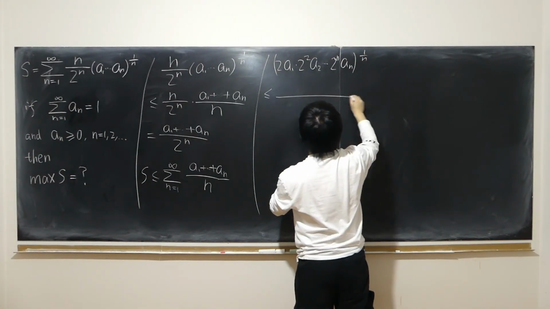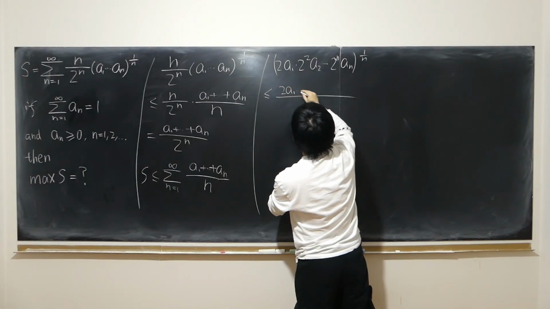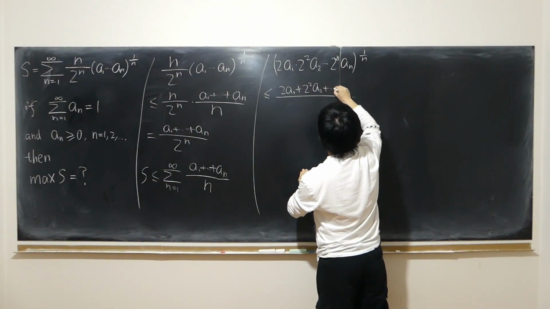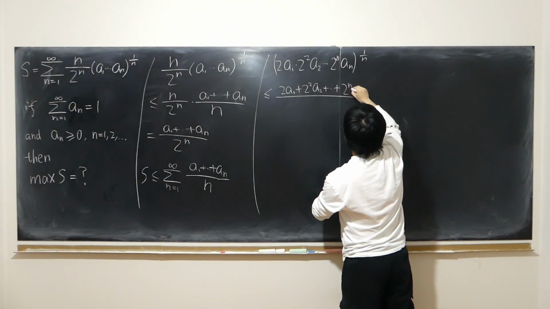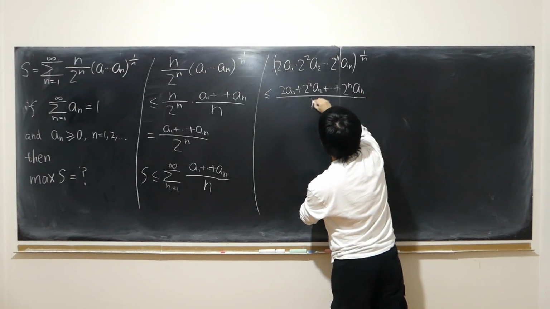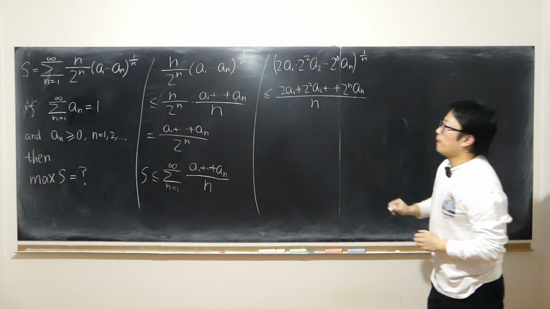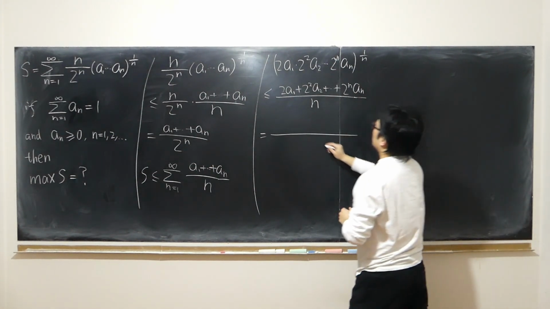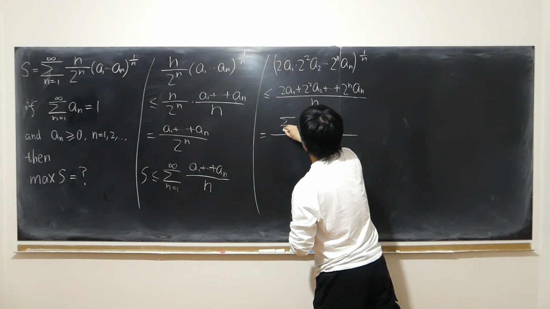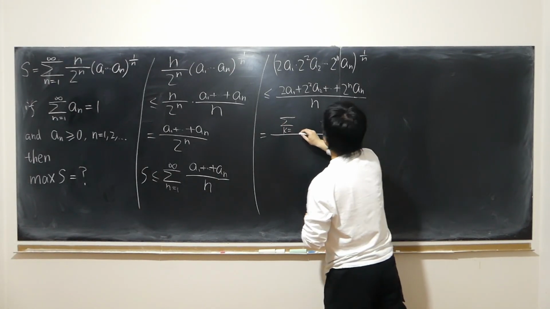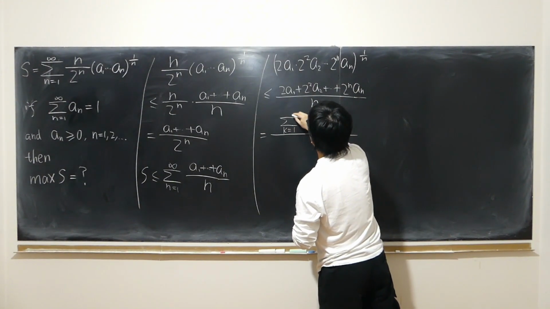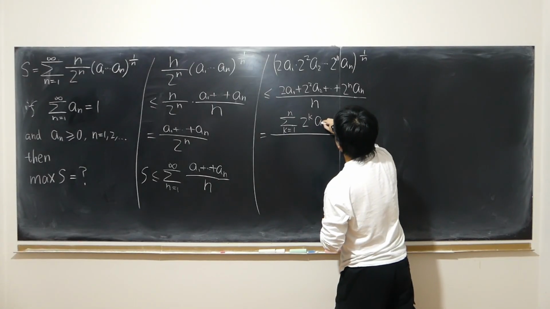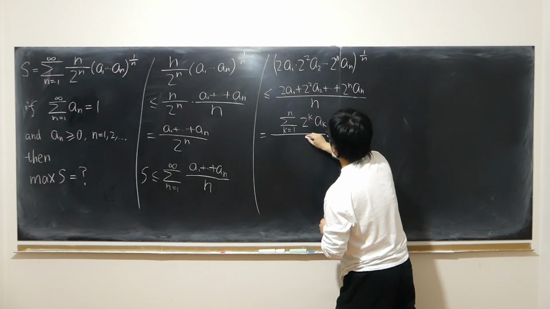That is less than or equal to 2a1 plus 2 to the power of 2 times a2 all the way to 2 to the power of n an, over n. And that is the sum for k from 1 to n of 2 to the power of k times ak, over n.